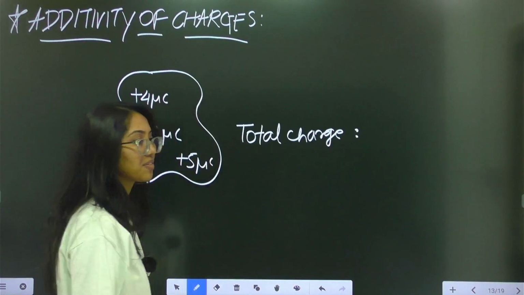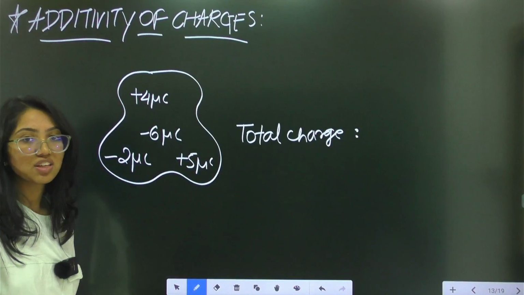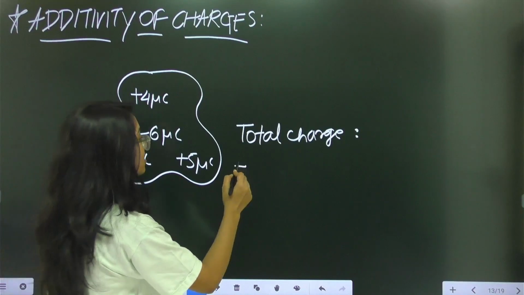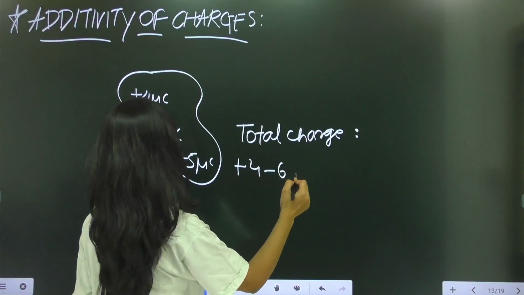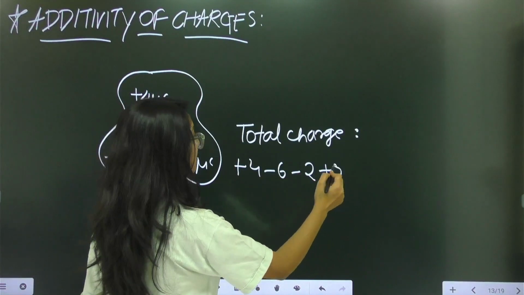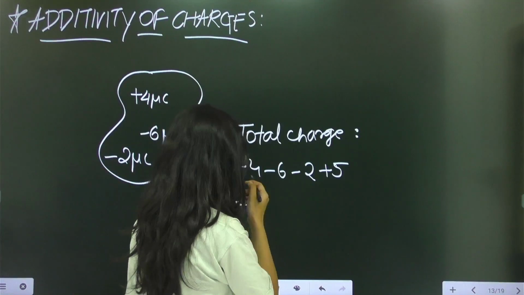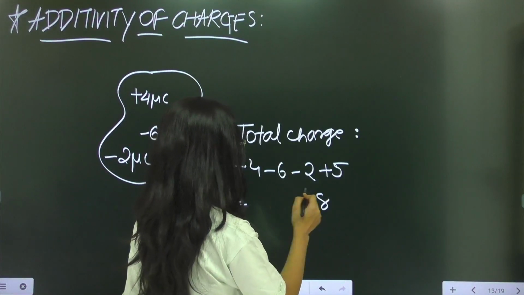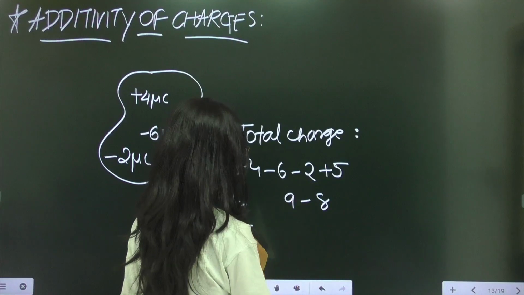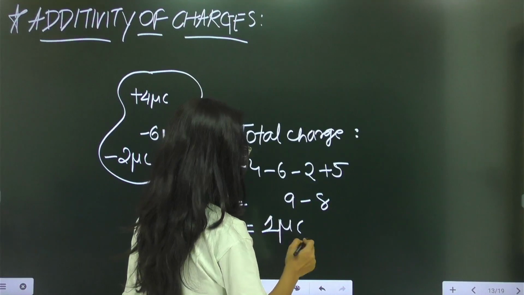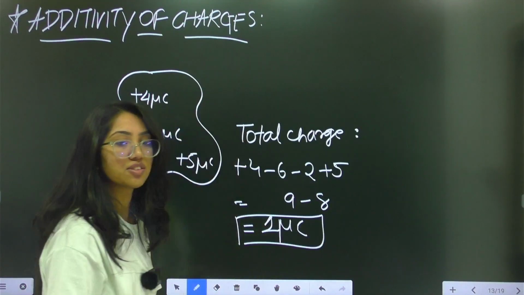Now what you have to do is make an algebraic equation, which is not so hard. +4 -6 -2 and +5. So what will be the answer? -6 -2 is -8, and 4 + 5 is 9. So 9 - 8, 1 microcoulomb. This is your answer.